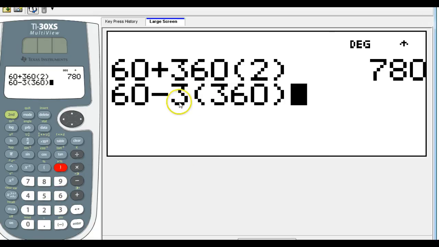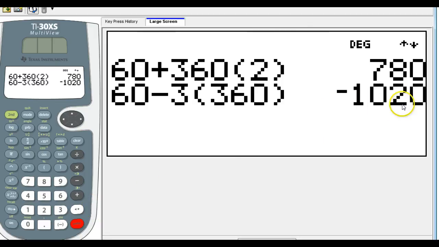We're subtracting 3 times 360 because it's three rotations, and we're subtracting because it's clockwise. So that's negative 1020.